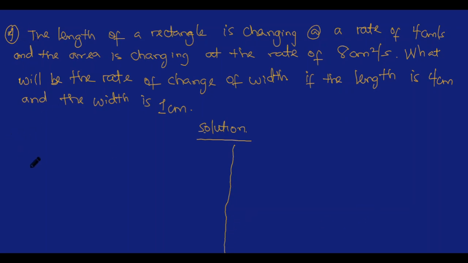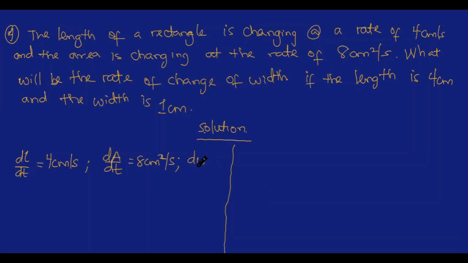So what we have been given is, number one, dL/dt as 4 centimeters per second. We've also been given dA/dt as 8 centimeters squared per second, and we want to find dW/dt, where W is for width.